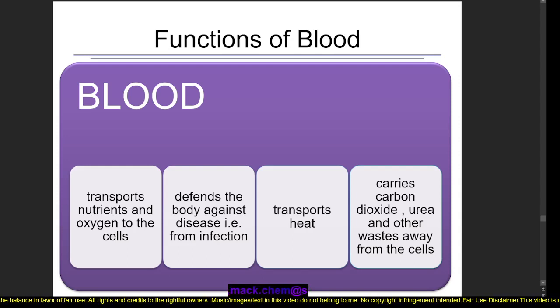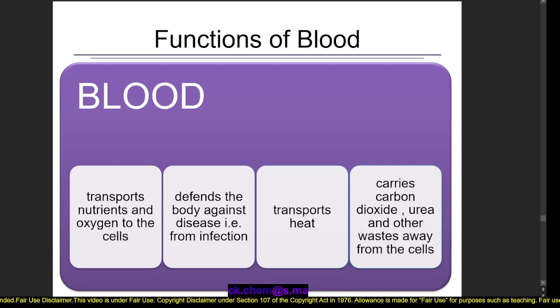Blood is also necessary to help the body defend against attack by germs, which may be bacteria or viruses, and in this way, this helps the body to defend against disease. A third function of blood is to transport heat. Right? So the transport of heat in blood allows the extremities of the body to warm up, right, as external temperature decreases.